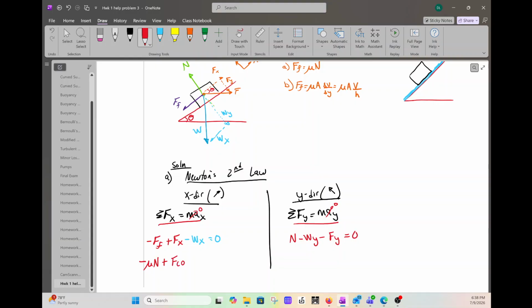This would be F cosine theta for F of X. Minus, and you'll find that this is also theta because this angle we call alpha, and alpha plus theta is 90. So I will do this as W cosine. No, sorry. W sine theta equals 0, right?